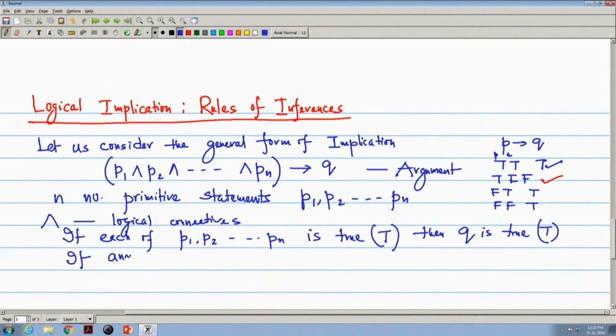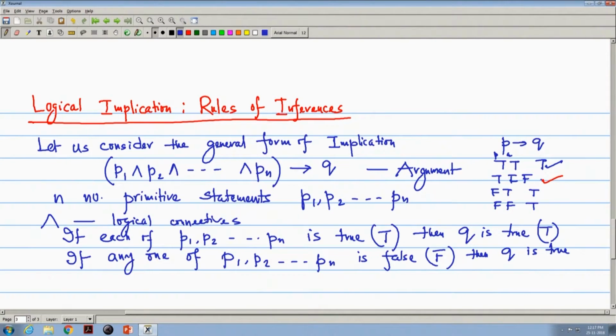Okay. Now, if any one of P1 to Pn is false, since they are connected with the conjunction AND, then also the implication is true, even if Q is true. Why?